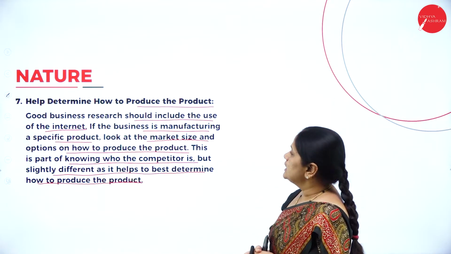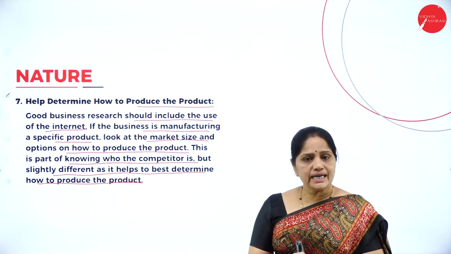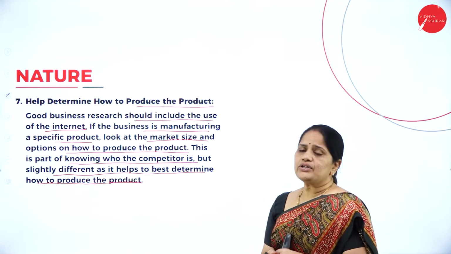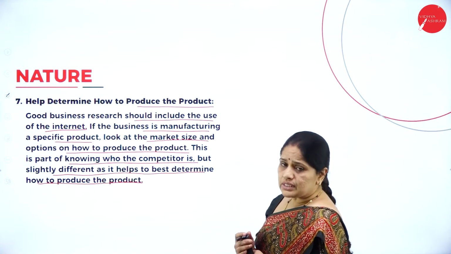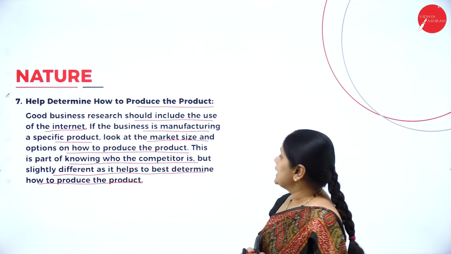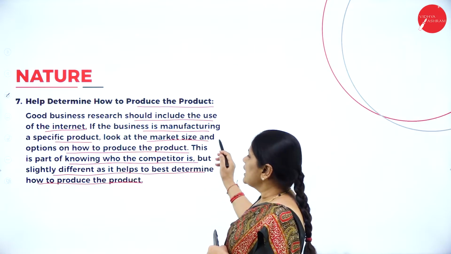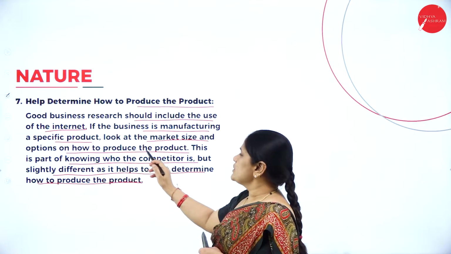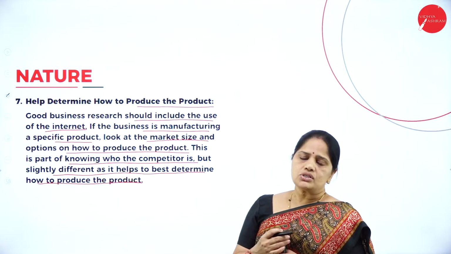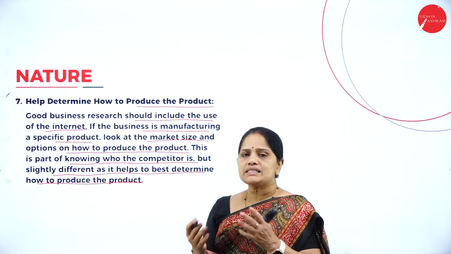So good research should include the use of the internet. Whenever you are doing research, you should make use of the internet. If the business is manufacturing a specific product, look at the market size and options on how to produce the product. So you should look at the market size for the product.